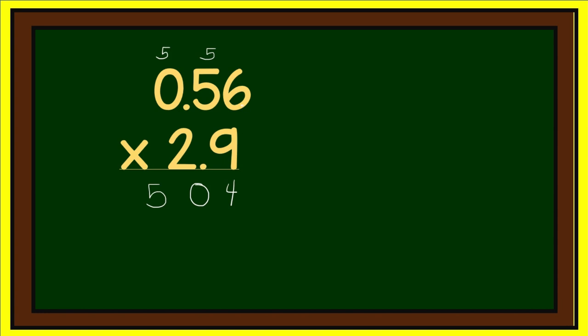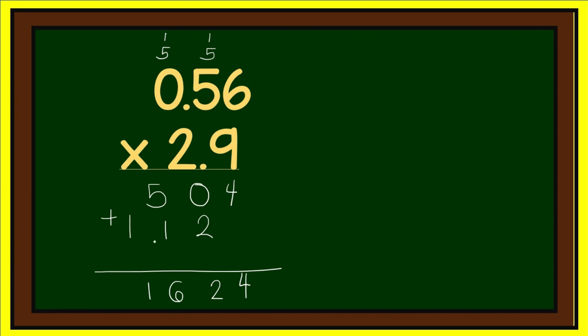Next, 2 times 6 is 12. Carry 1. 2 times 5 is 10 plus 1, 11. Carry 1. 2 times 0 is 0 plus 1, 1. And then add: 4, 2, 6, bring down 1.